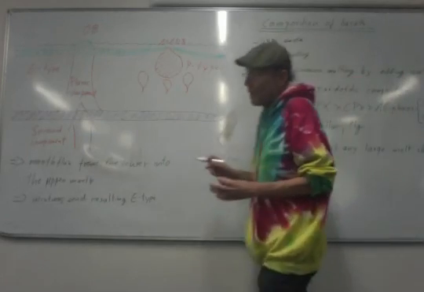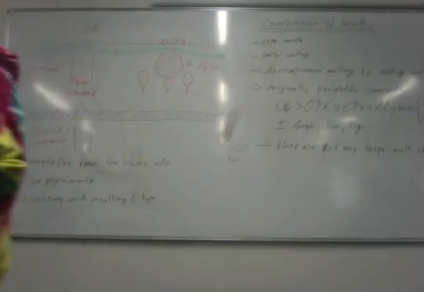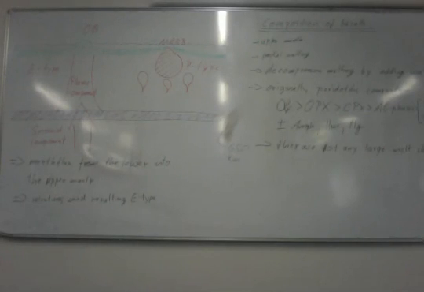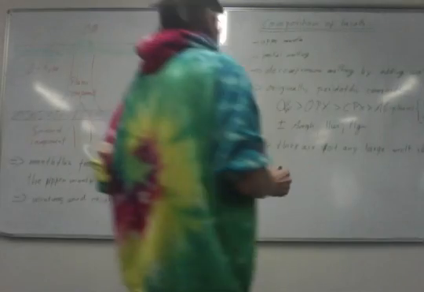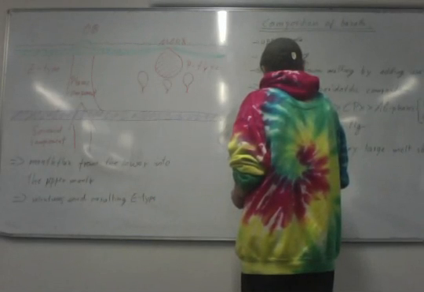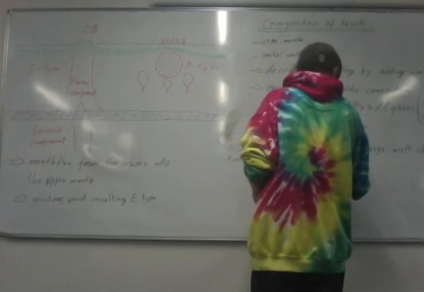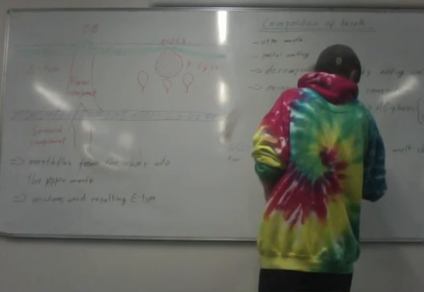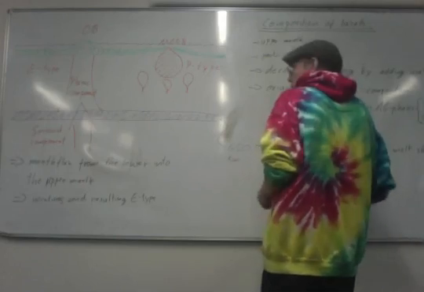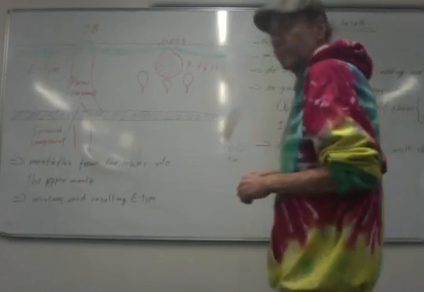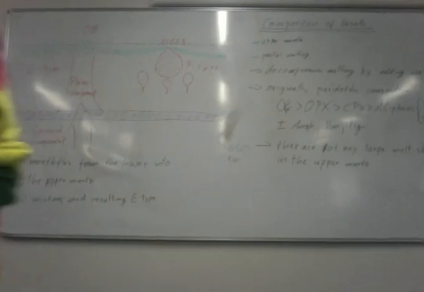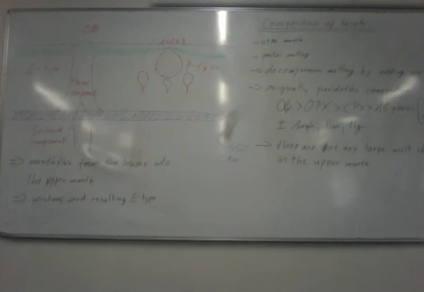In the upper mantle you have only partial melting, and that is always localized.